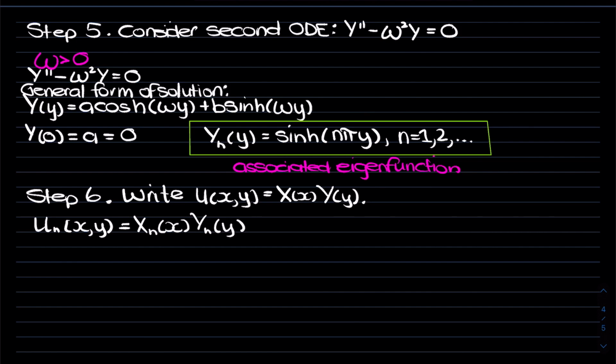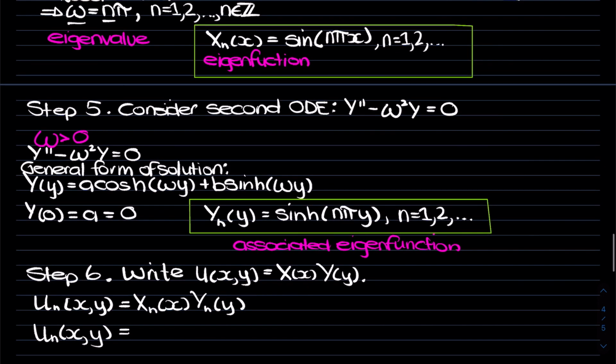So I'll just rewrite this again, because our X_n up the top is sine n pi x, and the Y_n is the hyperbolic sine n pi y, and that is for n equals 1, 2, and so on.